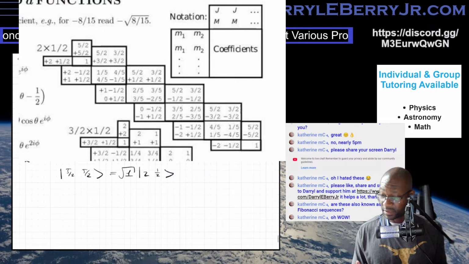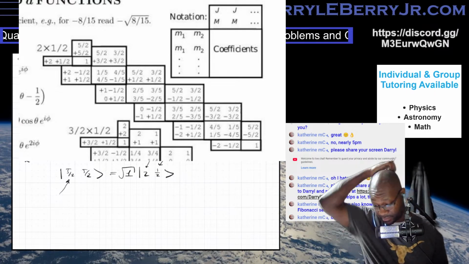So this is a state with a J of 5/2, M of 5/2, and the way the sub M levels mix together. This could be, for instance, M for the big particle of 2 and ms of 1/2.